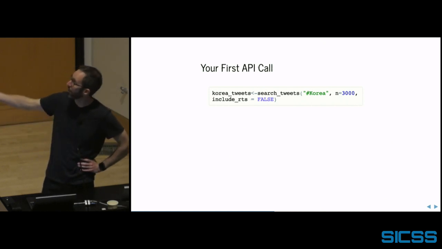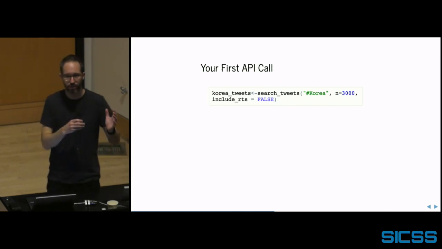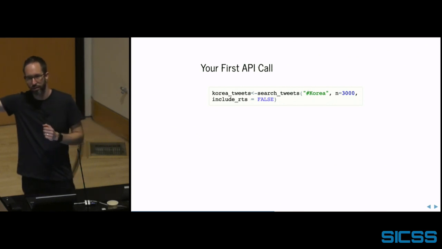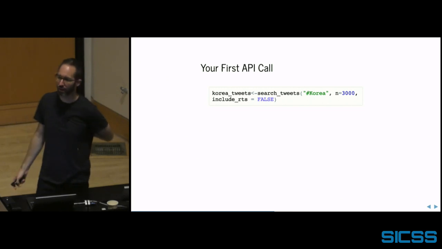And from that, we're creating a new object called Korea tweets. rtweet is not only handling all our authentication for us, it's creating the long URL, it's ingesting the JSON, and then it's parsing the JSON into a beautiful square or rectangular data frame that we can then do whatever we want with. And that's really handy.